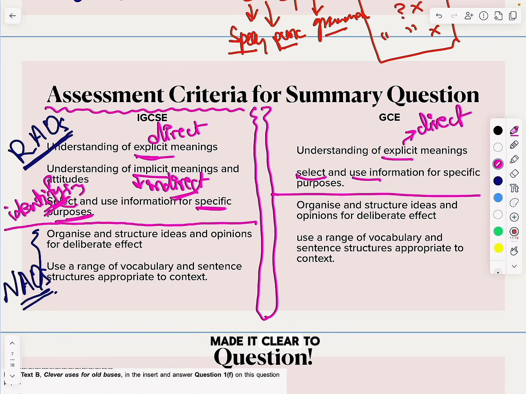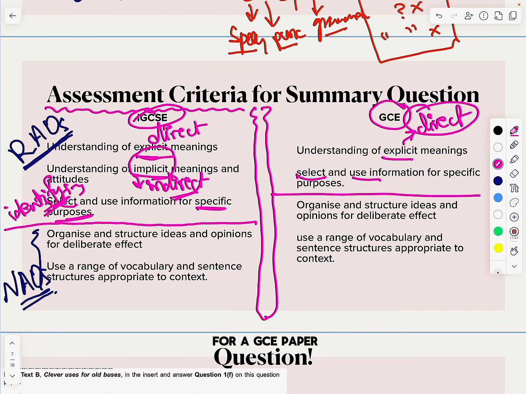So if you have made it clear to yourself or you have figured that out, excellent. The difference is that in IGCSE exam, examiners are expecting you to focus on implicit, but in GCE, all of the points in your summary are going to be direct. There is no indirect point that you are going to be writing in your summary question.